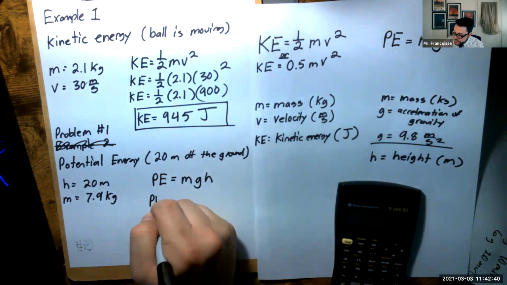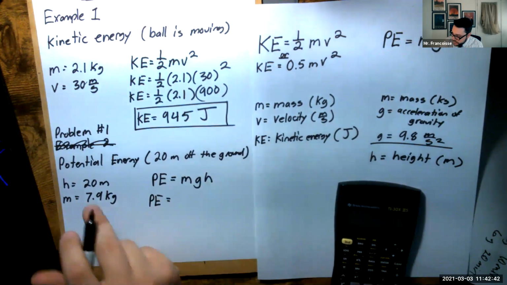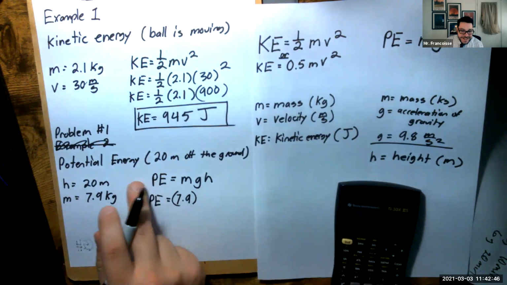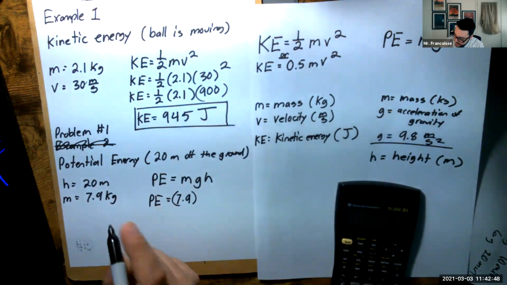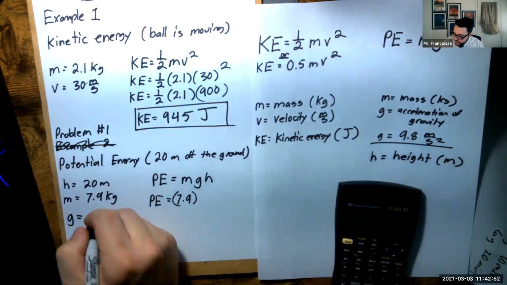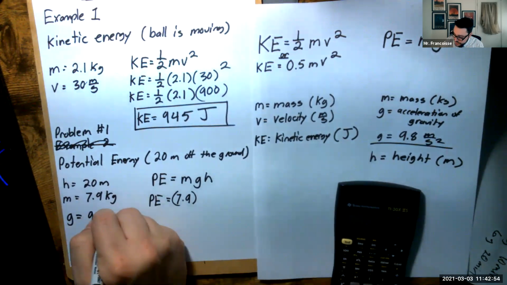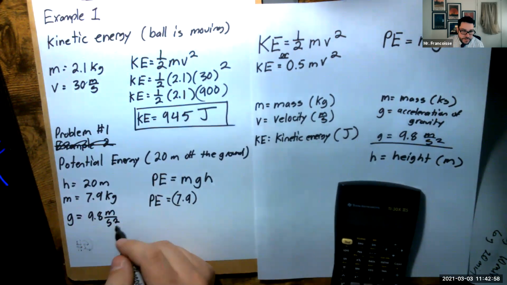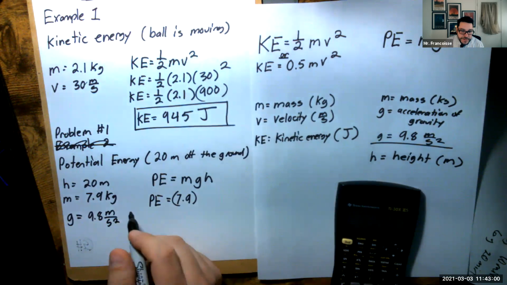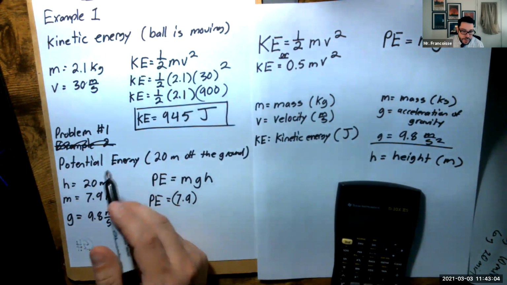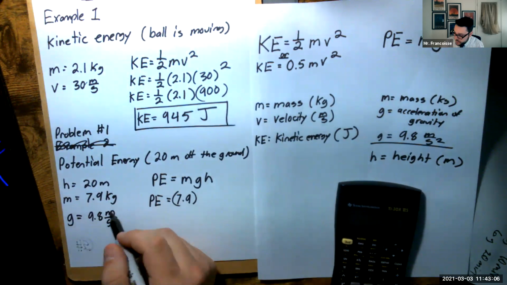So our potential energy is mass, 7.9, times g, and g wasn't given to us in the problem. g is always going to be 9.8 meters per second squared. So this is a constant, it never changes. So anytime we're dealing with the gravitational potential energy of something, based off of gravity, we're going to use this here.